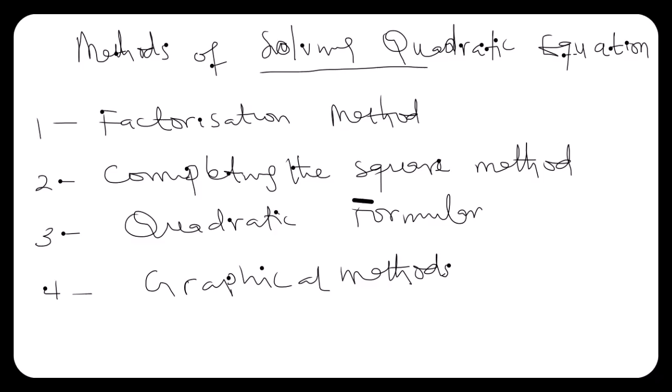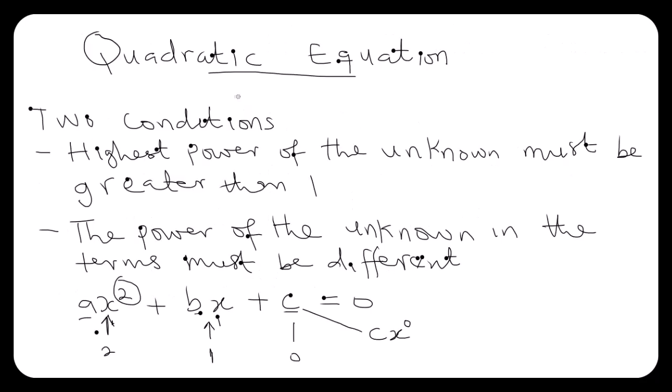But before we end this class, let's quickly go back to what we have said so far. We said that an equation will be regarded as a quadratic equation if it meets two conditions. One, the highest power of the unknown must be greater than 1.